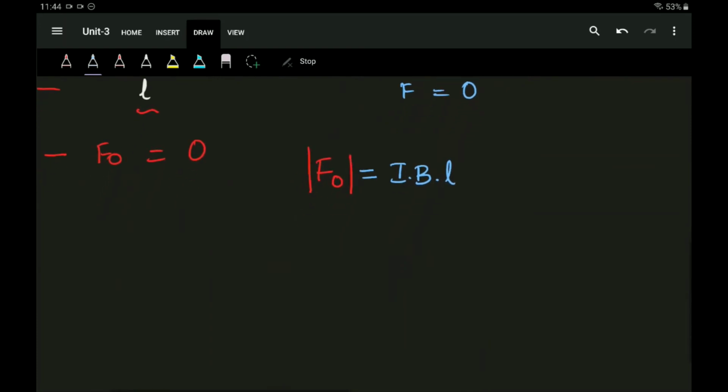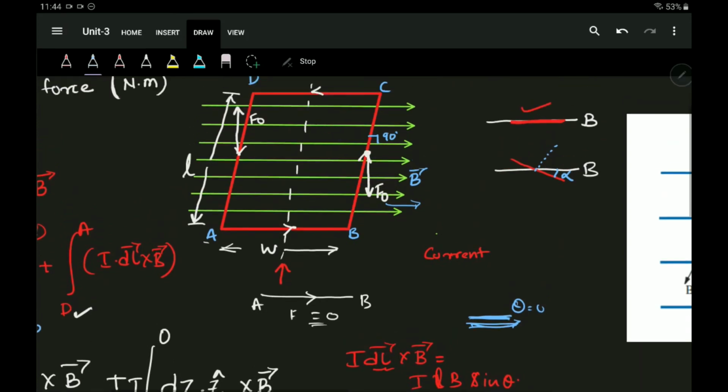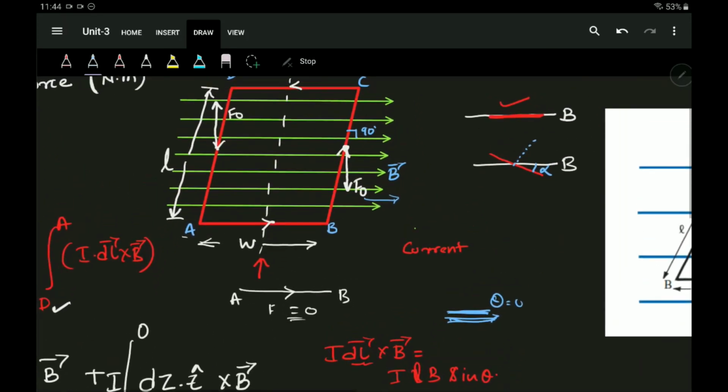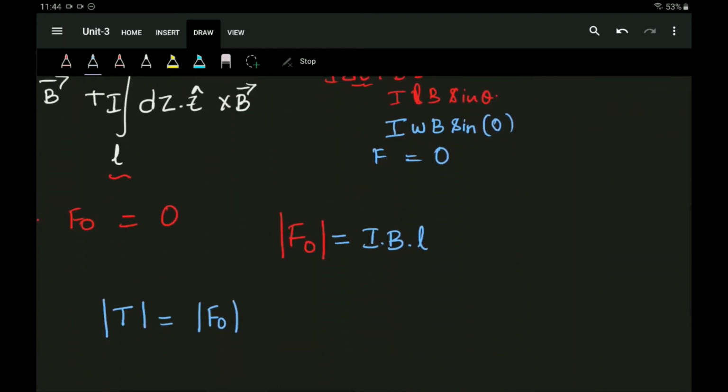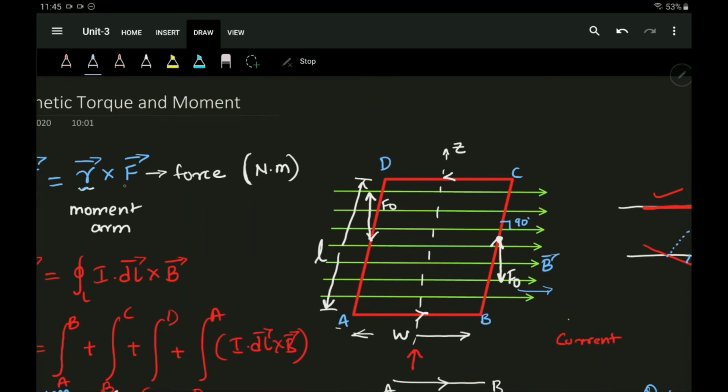So for that, I can write the expression for torque: T is nothing but the force acted upon it, F naught, times what is the width of this? It is nothing but the moment arm, right? Torque was defined as R cross F. So I have defined F as F naught.